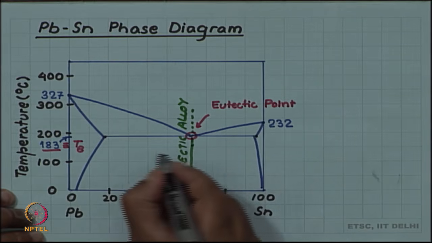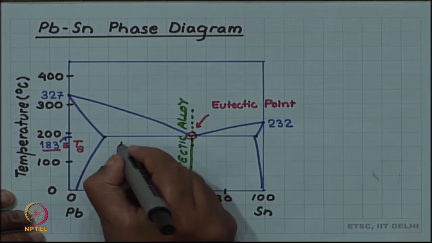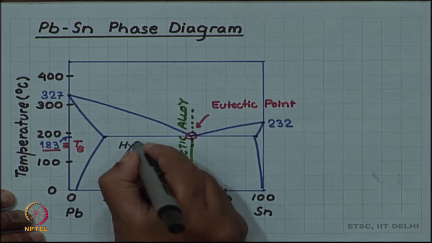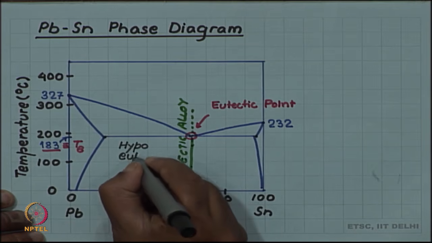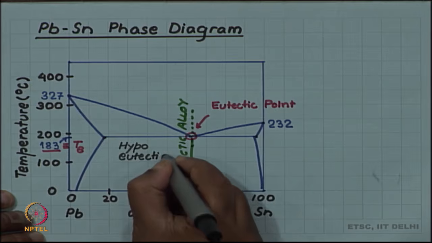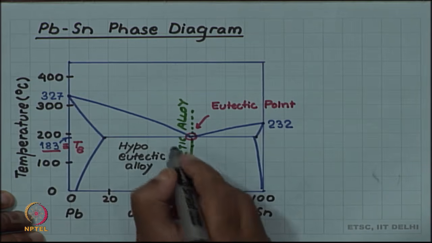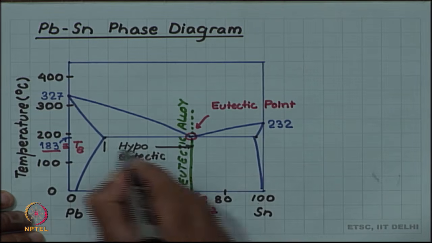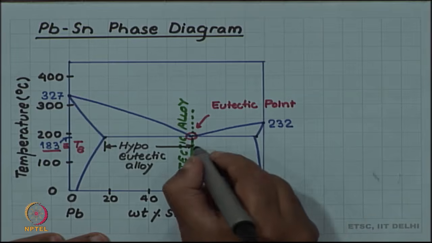And then alloys with composition less than the eutectic composition are called hypoeutectic alloys. Hypoeutectic alloy means alloy with composition less than the eutectic alloy.